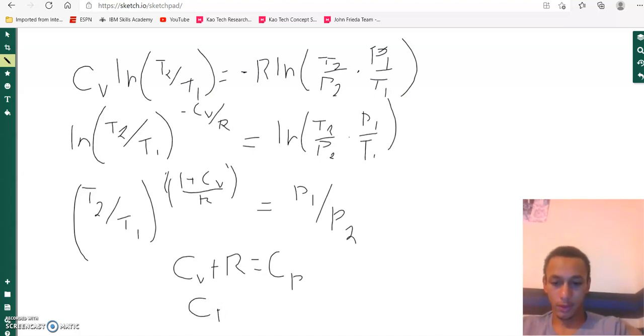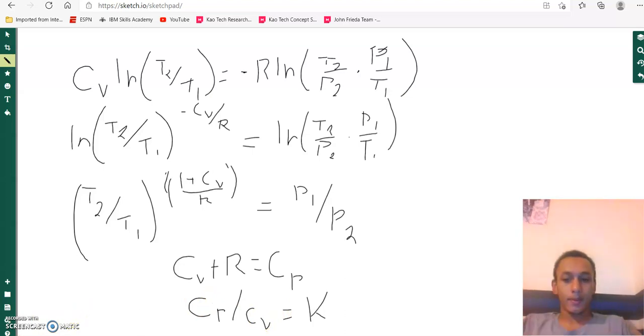CP over CV is equal to k, the ratio of the specific heat of air to the specific heat capacity. We'll need this later. But we have isolated temperature and pressure on each side, so we have them related.